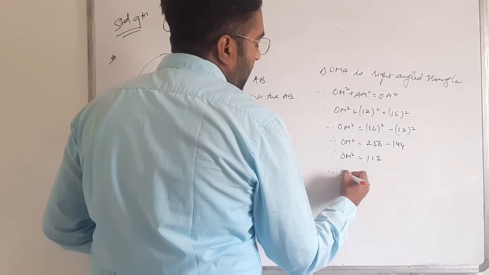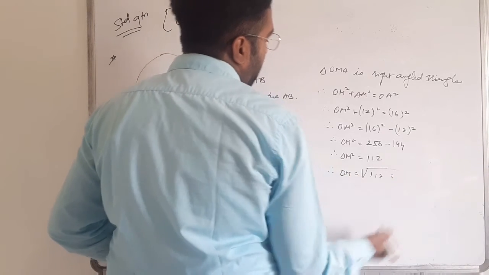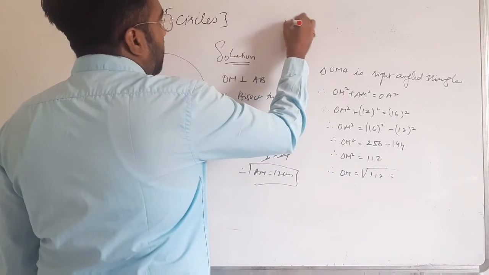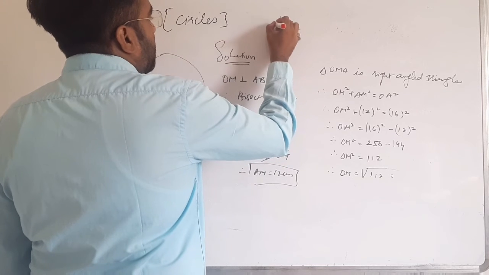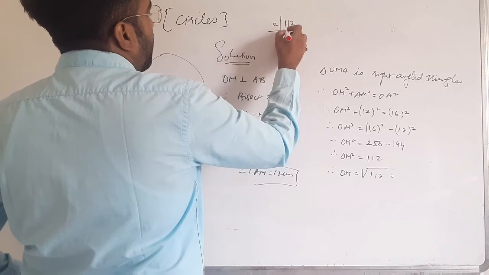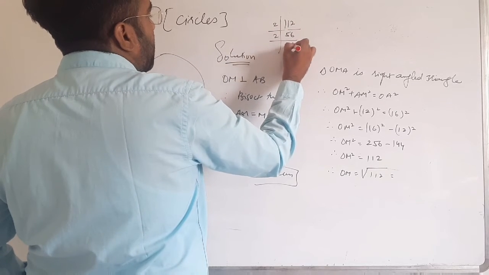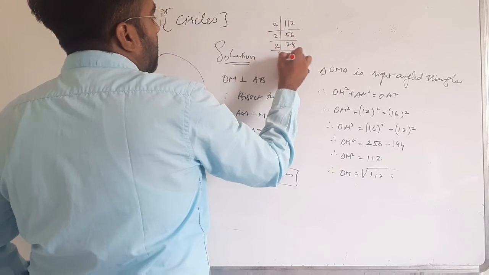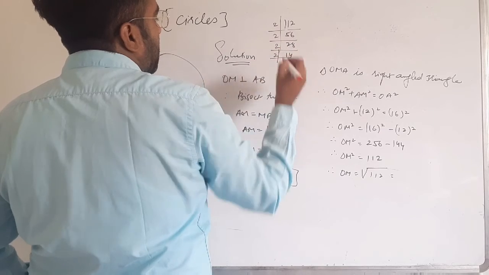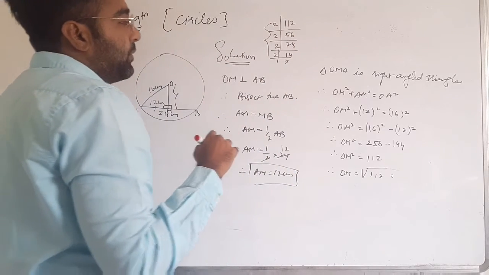So now we need to find the square root of 112. For this square root of 112, I'll factorize it. 2 5s are 10, 2 6s are 12, 2 28s are 56, 2 14s are 28, 2 7s are 14. Then 2 into 2 into 2 into 2 into 7.